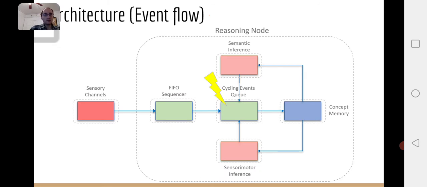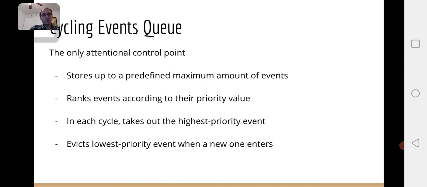So those sequences now enter the cycling events queue to compete for attention in the attention buffer. The attention buffer can be seen as the only and central attentional control point of the system. It stores up to a predefined maximum amount of events, and it ranks events according to their priority value.